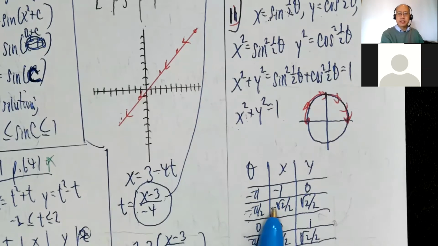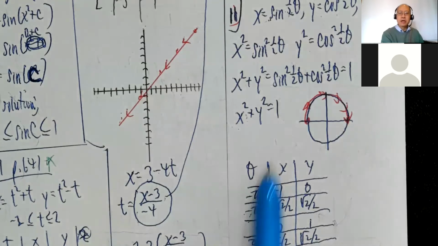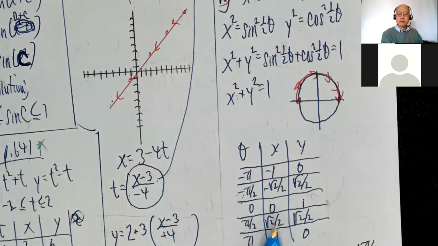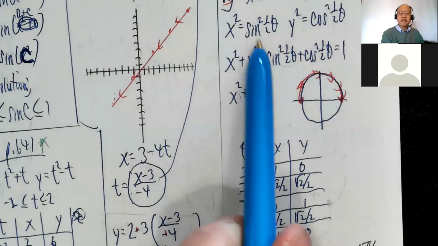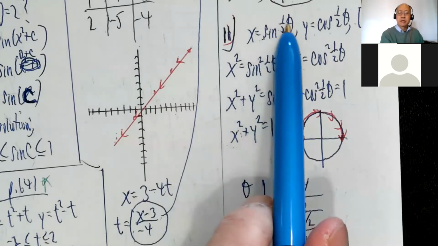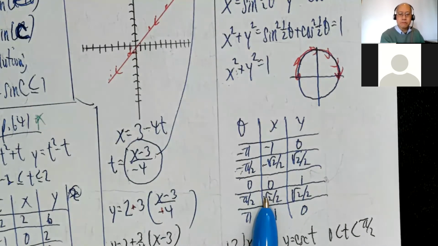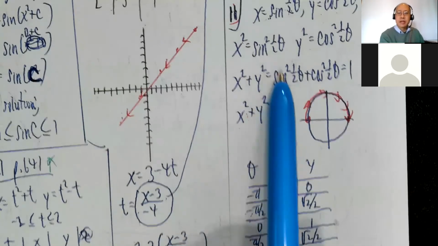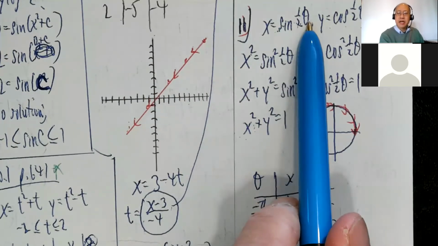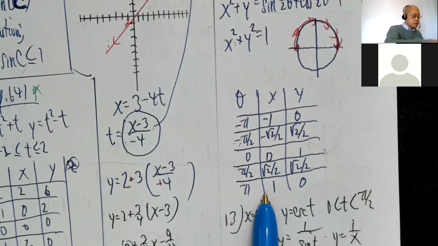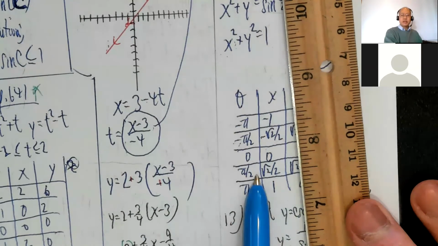Sine of negative pi over 4 is negative radical 2 over 2. Plug in 0, half of 0 is 0, sine of 0 is 0. Plug in pi over 2 here, I'm taking the sine of pi over 4. Sine of 45 degrees is radical 2 over 2. And if I plug in pi, I'm taking the sine of pi over 2. That happens to be 1.